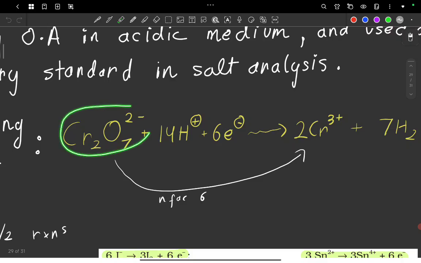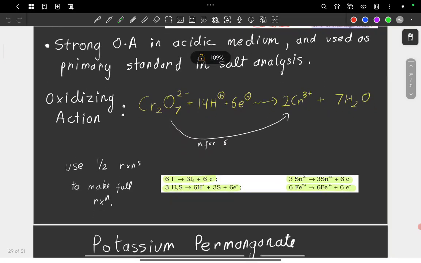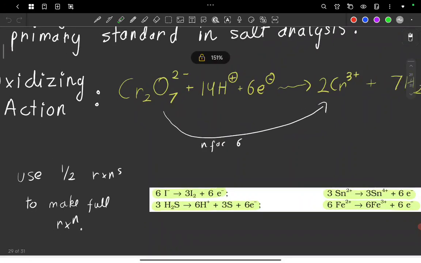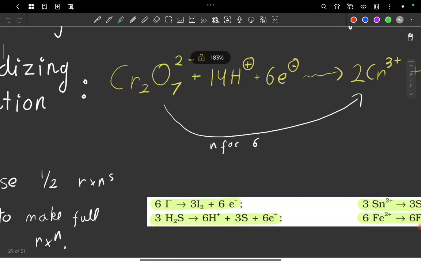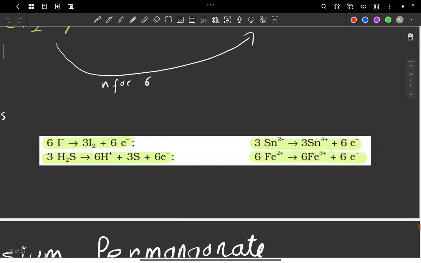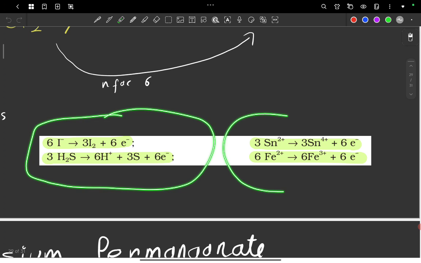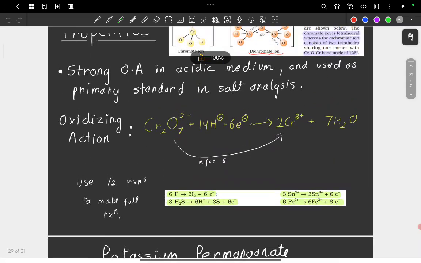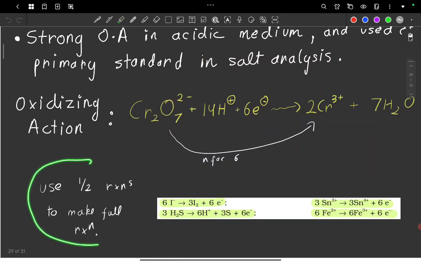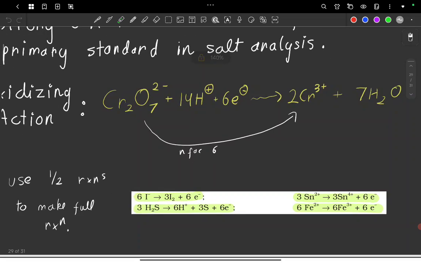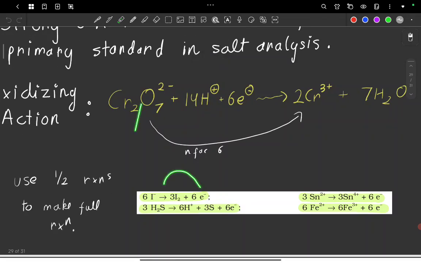The main thing we have to see: Cr2O7 2 minus gets reduced into 2Cr3 plus. And if you want to make the full reaction with anything that can be oxidized by the oxidizing agent, these are the half reactions. I think you know enough redox to make a full reaction from these; you can just add these reactions.